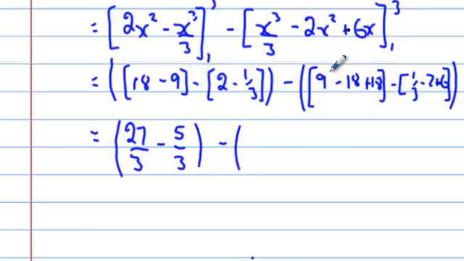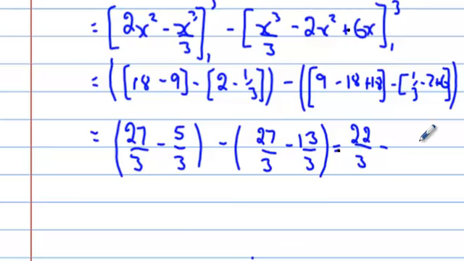And then for the second bracket, if I work out each of the square brackets, that becomes 27 over 3 minus 13 over 3, which comes down to 22 over 3 minus 14 over 3, which is 8 over 3 square units, and that's the solution to that question.